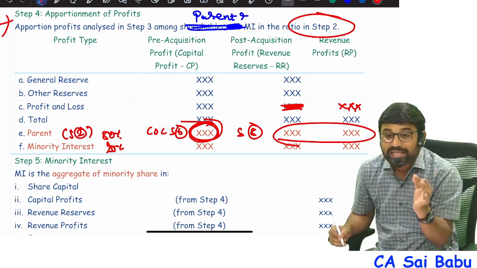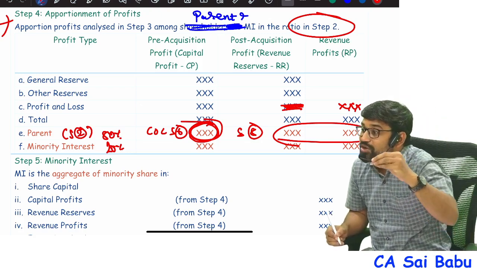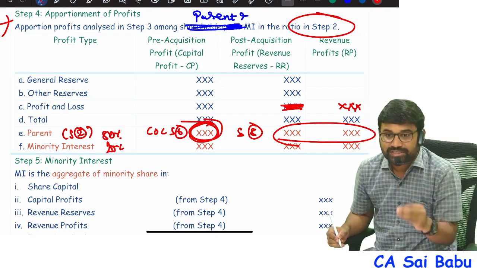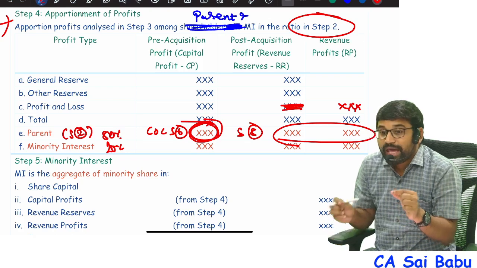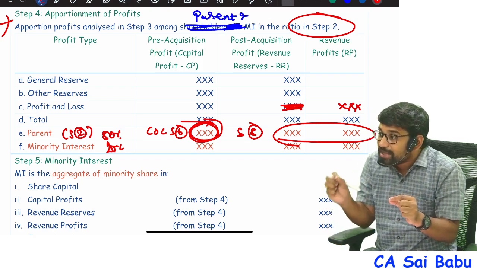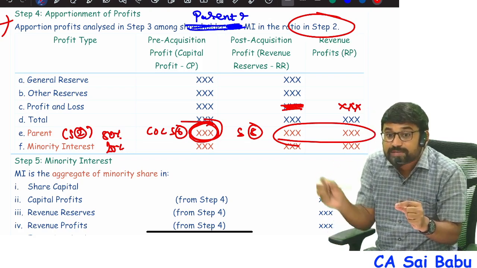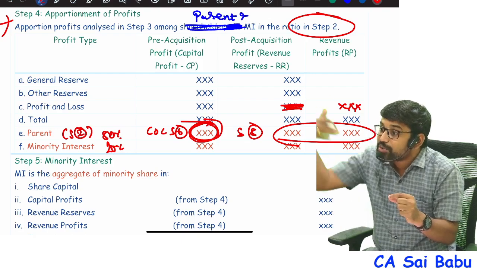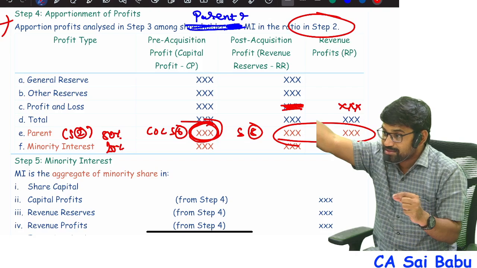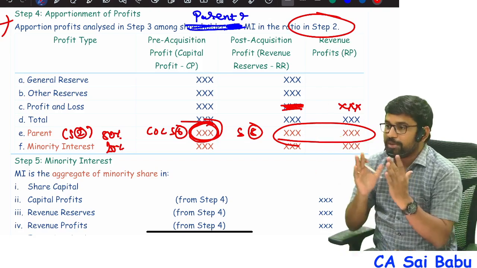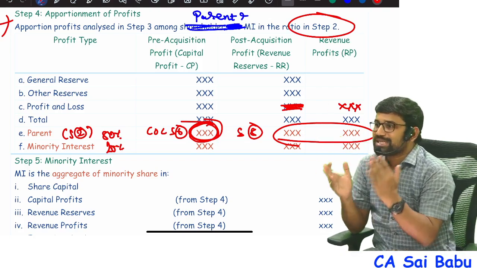Step number 8, when you are preparing the consolidated reserves of the balance sheet, the parent company share in the post-acquisition profits of subsidiary company will be added to the consolidated reserves. Tell me, hello, what is step number 3?